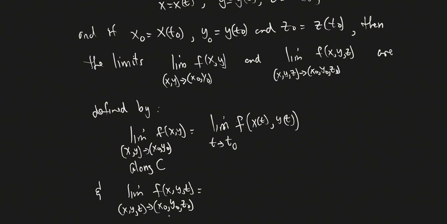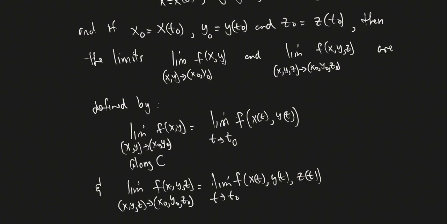Again, all of this, right? Because we have our nice smooth curve that is approaching x0, y0, z0 as t gets closer and closer to t0, then it looks like this. And then simply replace x with the x of t equation, replace y with the y of t, and z with z of t.